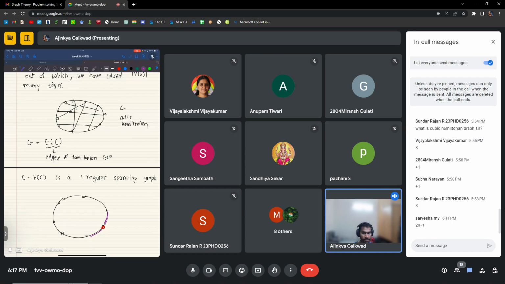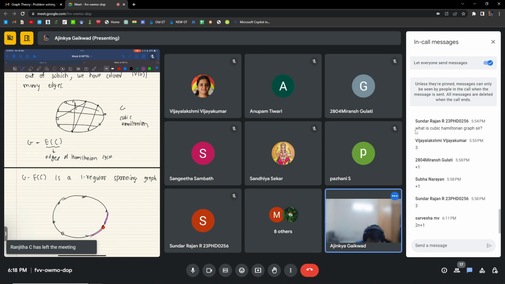Now what if I delete the edges that appear in the Hamiltonian cycle? Can anyone tell me what the degree of every vertex is once I delete all the edges which appear in the Hamiltonian cycle? One, right?